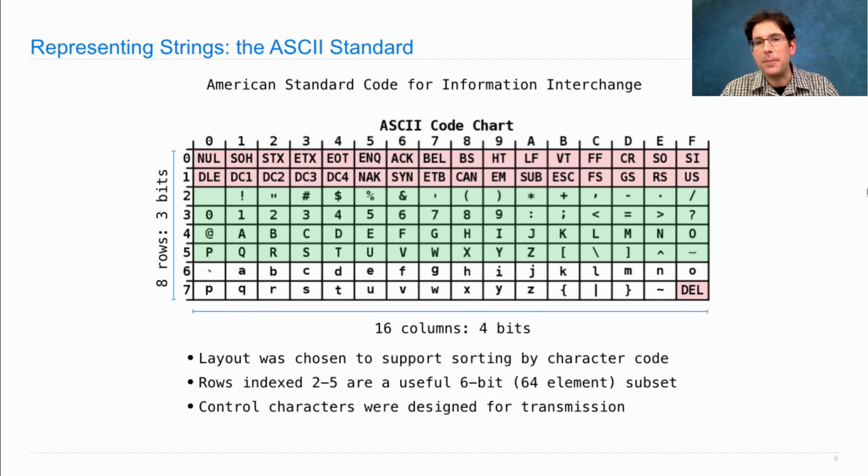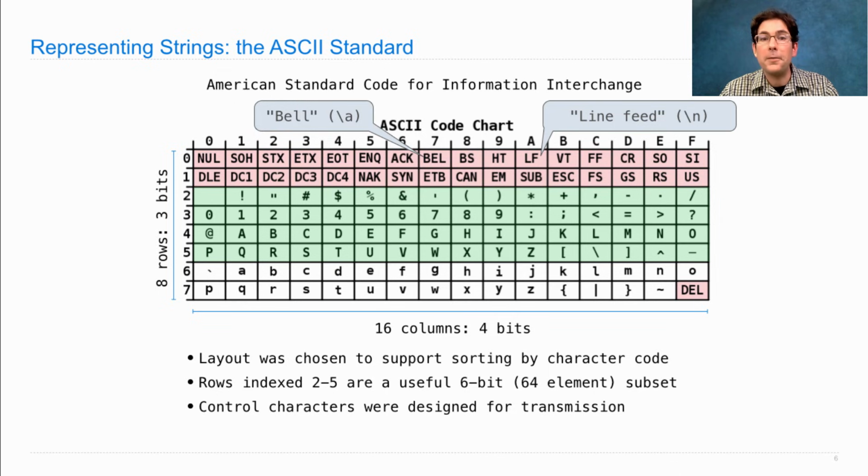So they have original meanings, most of which aren't used today, but some of them still are. So the line feed, called LF, was supposed to tell the printer on the other end to go to the next line. And if you wanted to get somebody's attention after some information interchange, you might ring the bell on their printer. And these things still exist today.